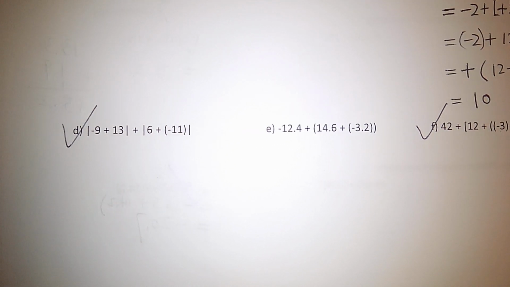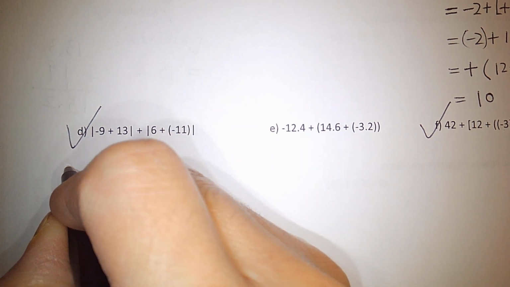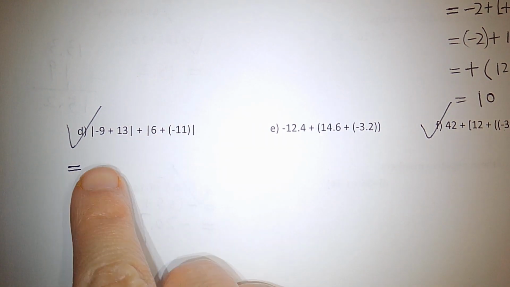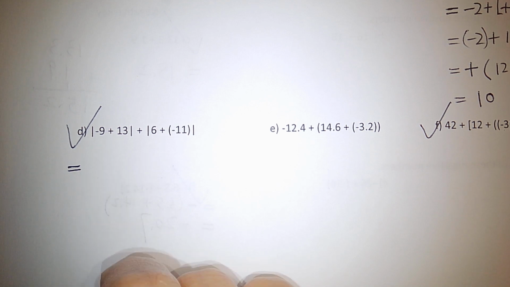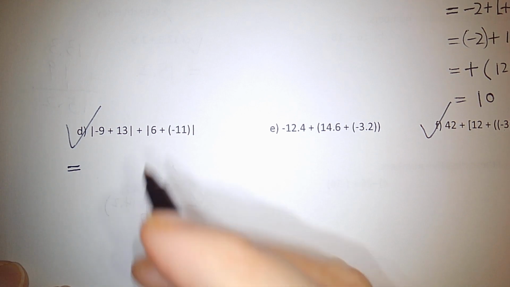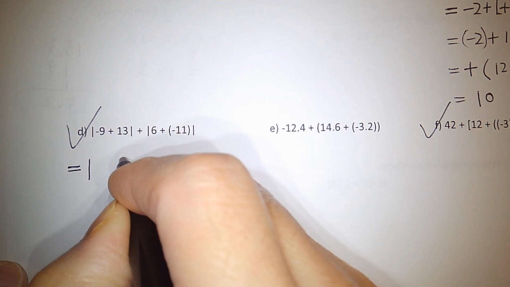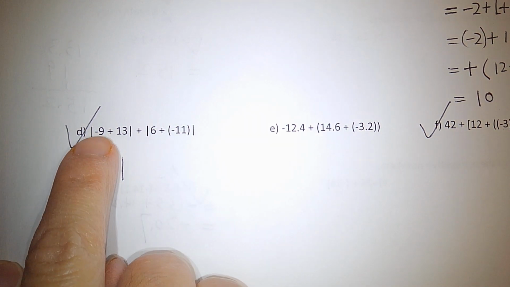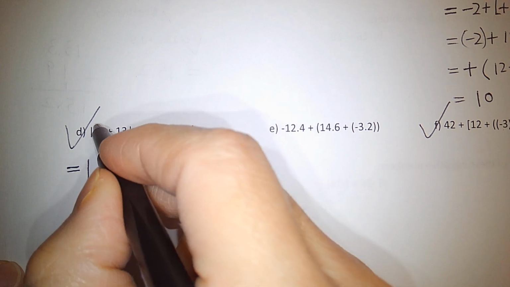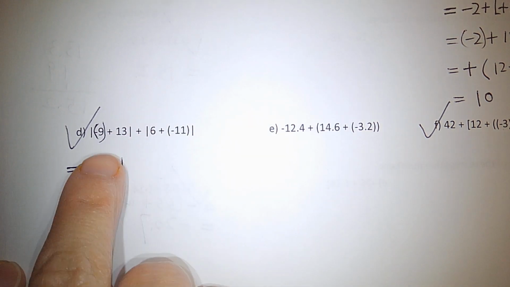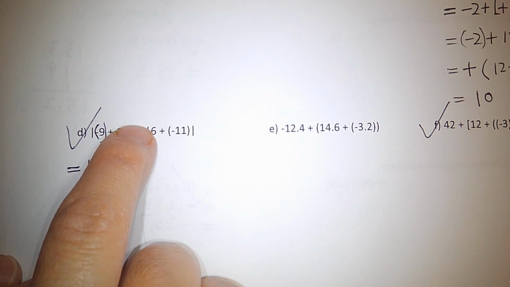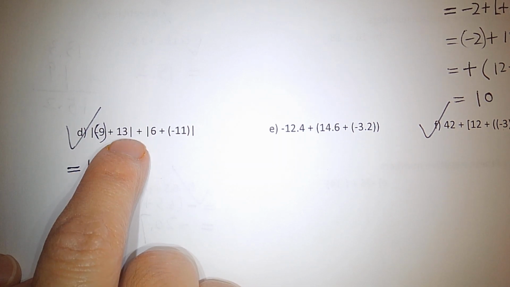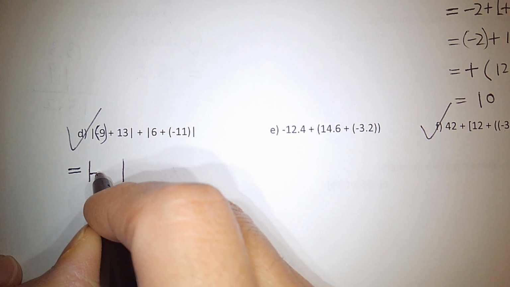Okay, so let's try question B with absolute value. Absolute value of negative 9 plus 13. 13 has a greater absolute value, so it's going to be positive.